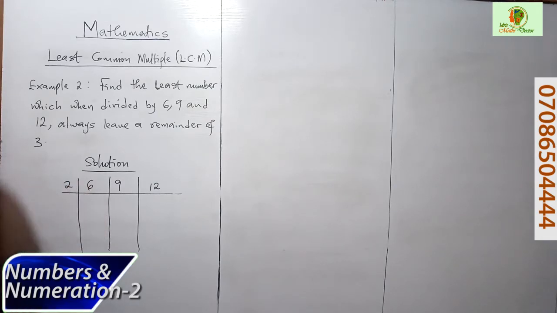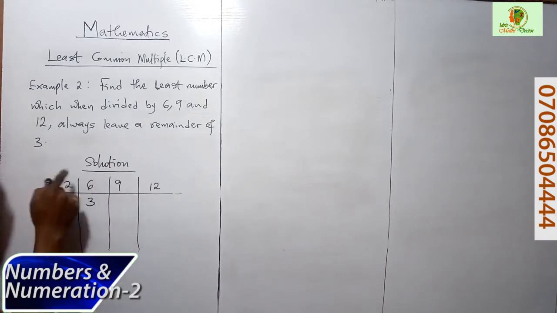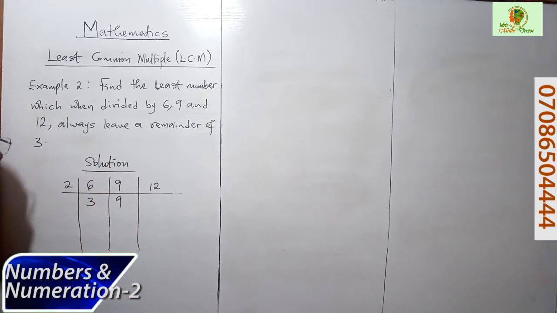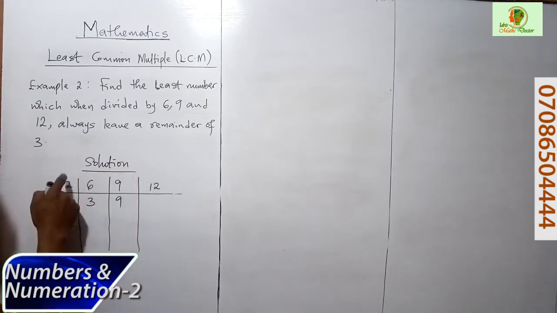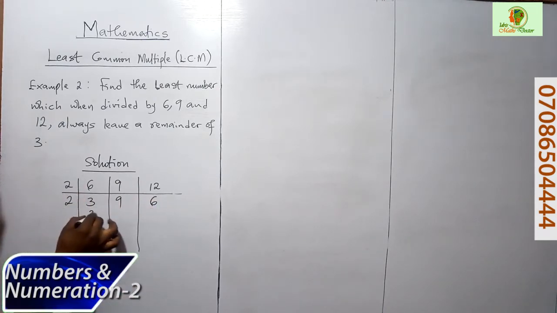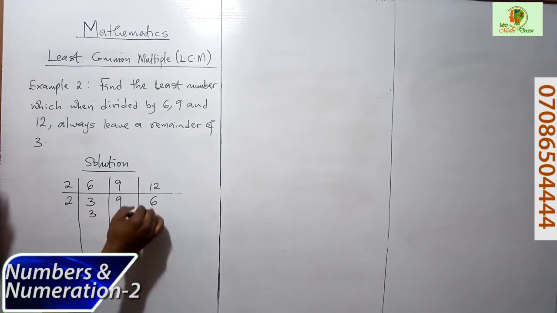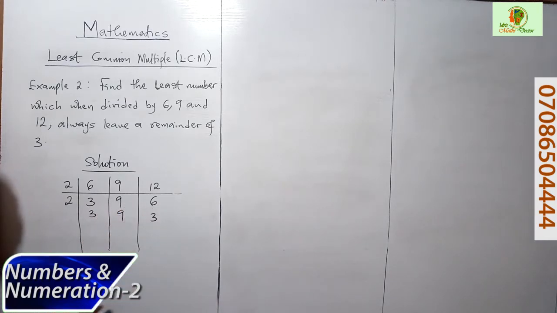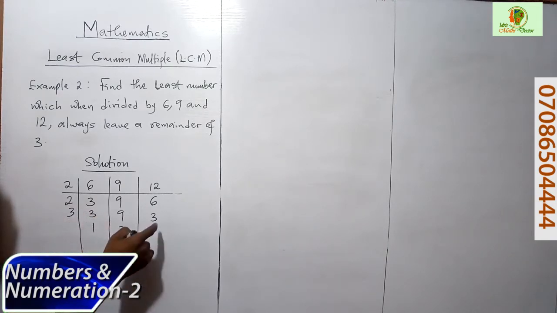2 can go. 6 divided by 2 is 3. 9 divided by 2 leaves a remainder, so we bring forward the 9. 12 divided by 2 is 6. We can still make use of 2. We have 3, 9, and 3. 2 cannot divide any of these numbers without remainder, so we use 3. 3 divided by 3 is 1, 9 divided by 3 is 3, and 3 divided by 3 is 1.